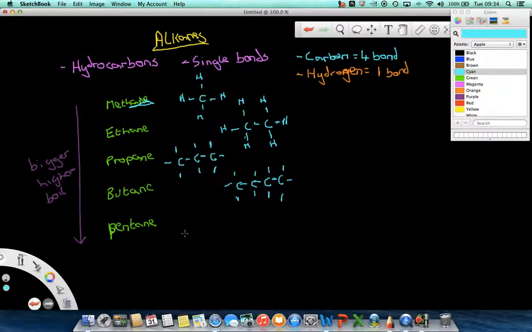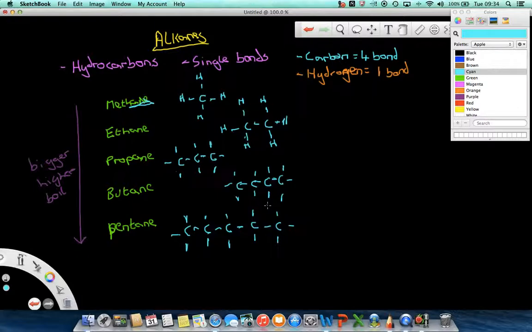And pentane would have 5. You can go higher, it keeps going forever really, but you only need to know up to pentane for your test. Okay, you need to make sure that you know the structures of these because you may or may not be asked to draw them.